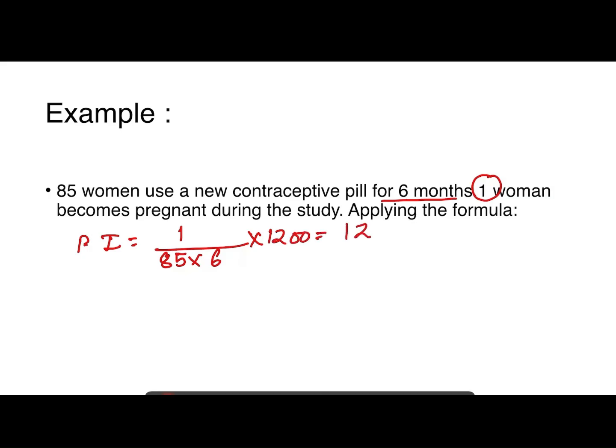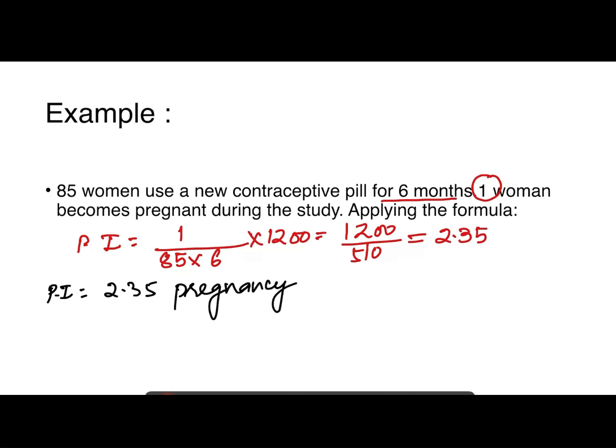So when we calculate it, it comes like 1200 divided by 510. Then the answer will come 2.35. So how can we interpret this number 2.35? It means a Pearl Index of 2.35 means 2.35 pregnancies per 100 women years of exposure.